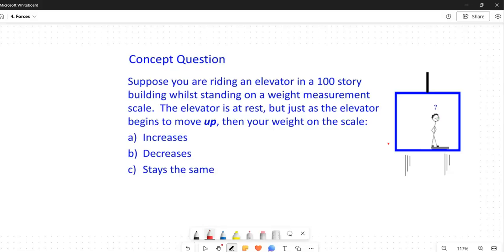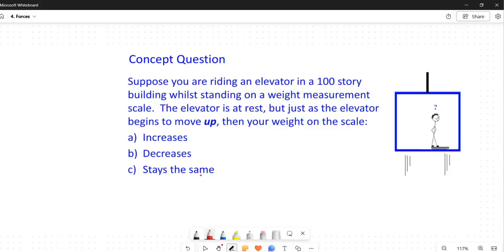What would your weight scale read if you happen to be standing on one as you're speeding up, moving upwards? Would it read a higher weight than you normally are? Would it read less? Or would it be equal to your current weight? Try this out and think about it.